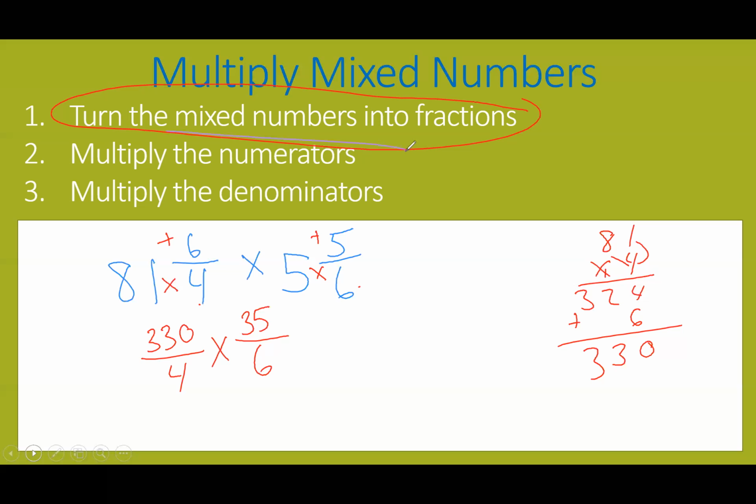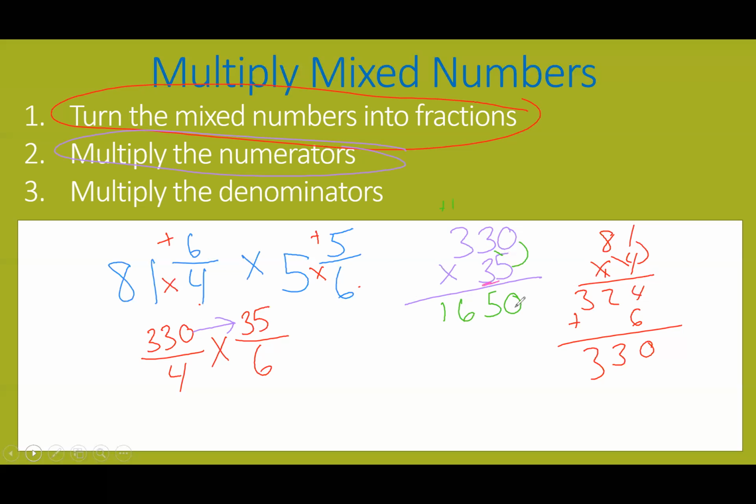Next step, I have to multiply those numerators, right there. 330 times 35. Okay, step 1, 5 times 0 is 0, 5 times 3 is 15, 5 times 3 is 15, plus 1 is 16. Well, that was quick, huh?